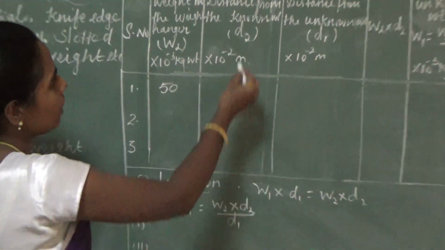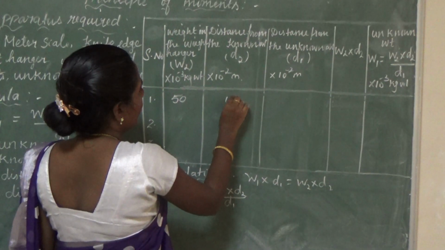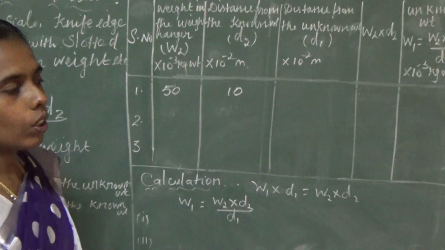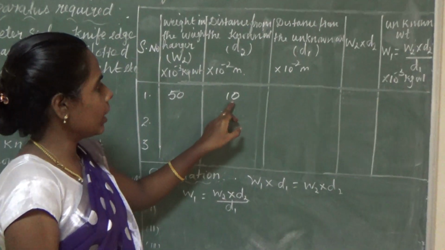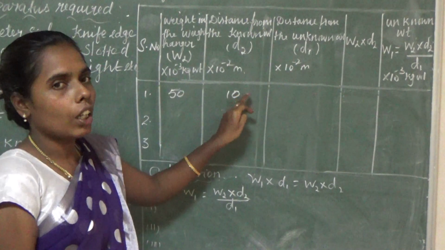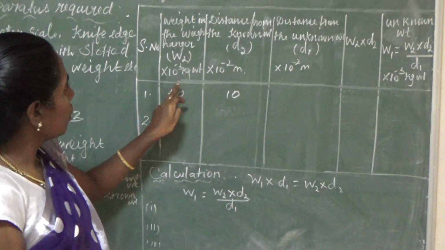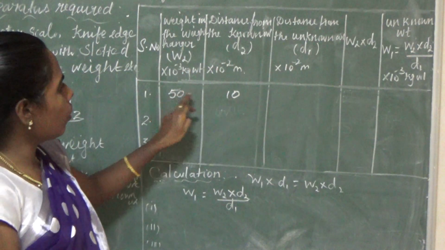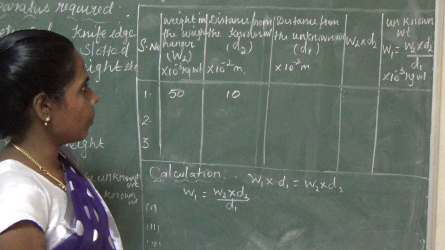Then what is the fixed distance there? 10 centimeter. The known weight, from the center point to the known weight, we fixed 10 centimeter.